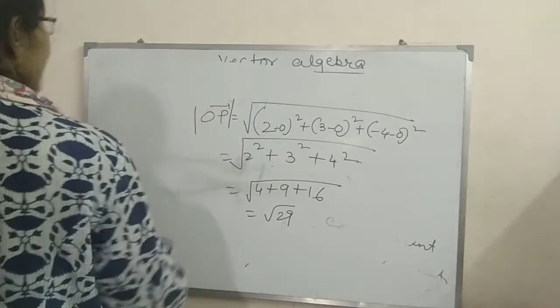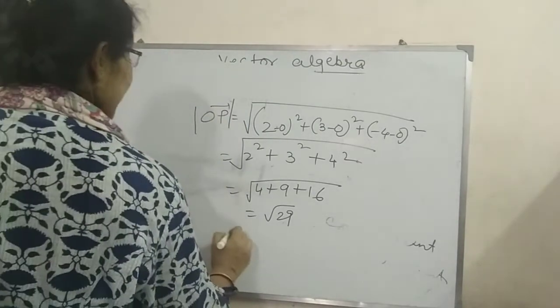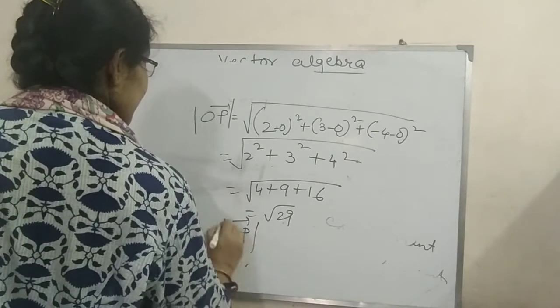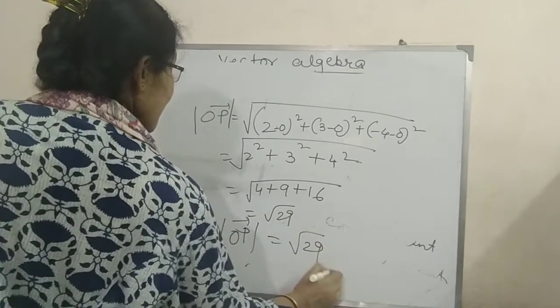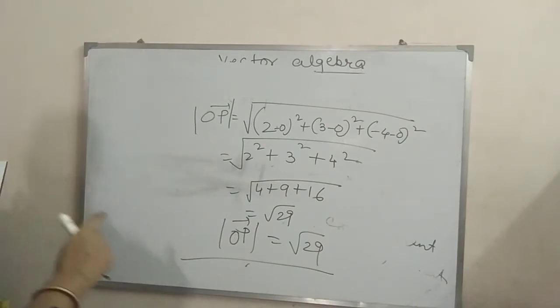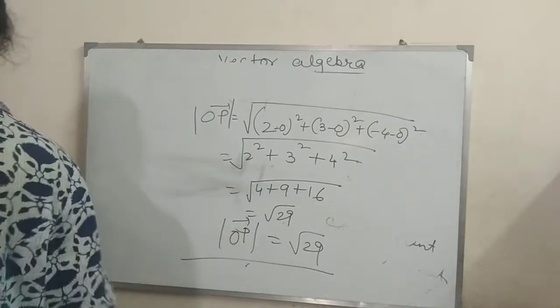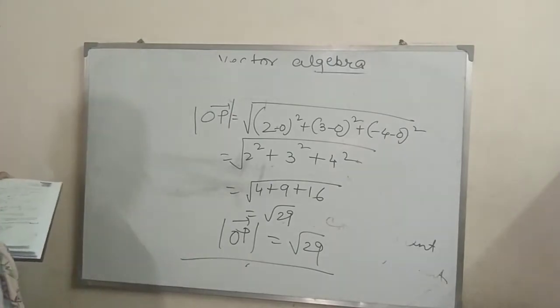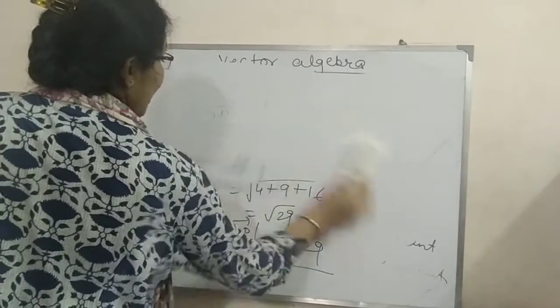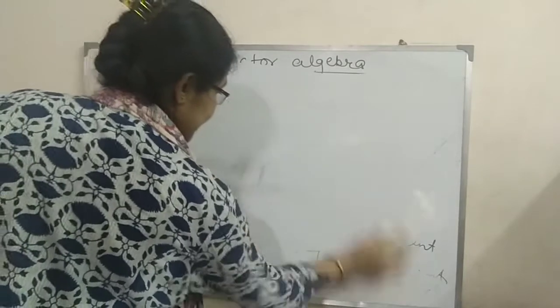This is OP, the modulus OP bar. This is the magnitude of OP. Okay, I hope you will understand this.